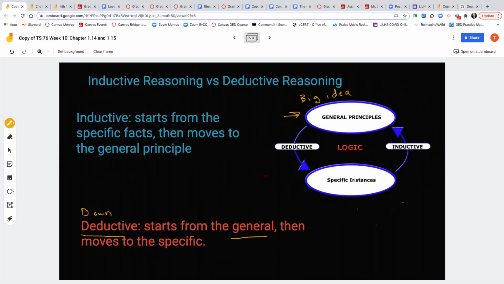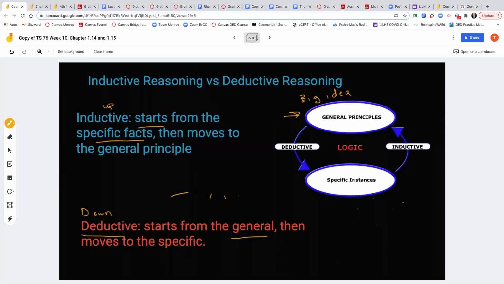In inductive reasoning, in my little diagram here, it's like I'm going up. Like it says in my definition, I start from the specific facts, these little facts on the ground.